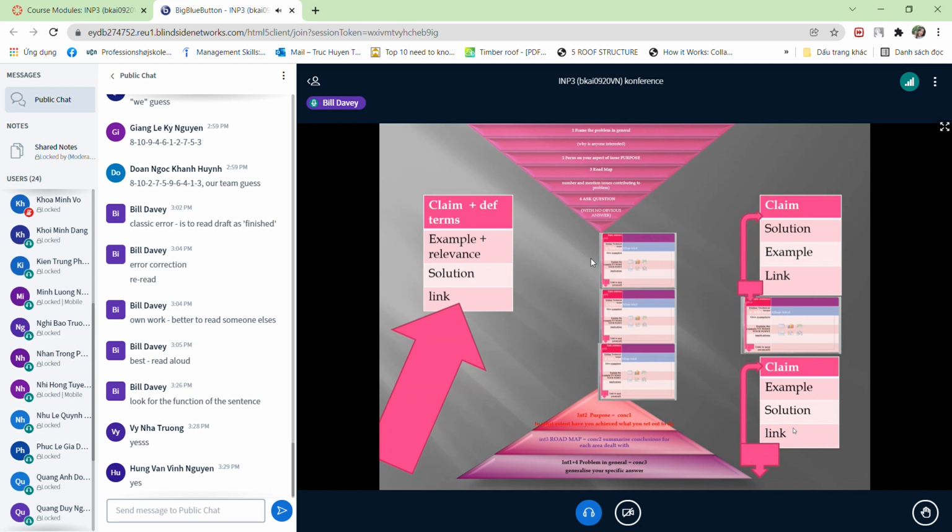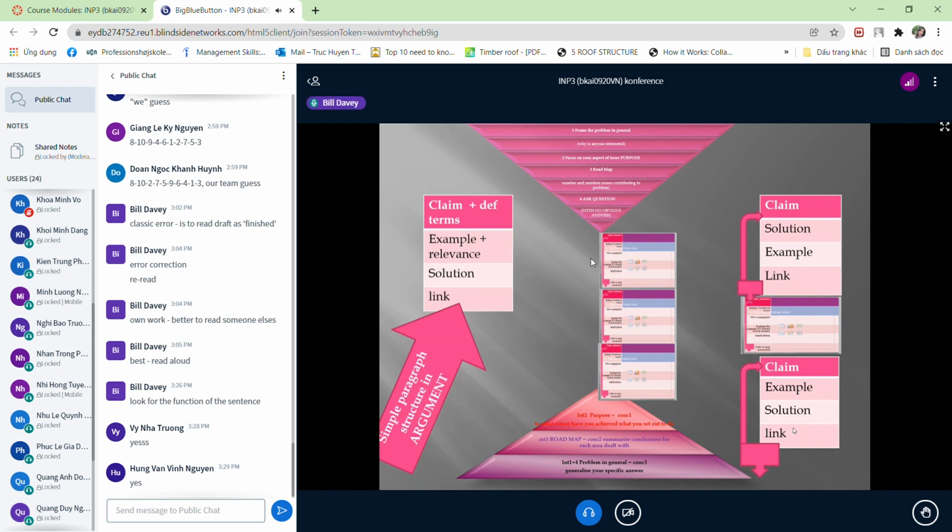In other words, you don't just stick to the same format again and again and again. You think, wait a minute. Do I want the straight claim solution example format here? Or do I want something that's a bit more complicated with an example?